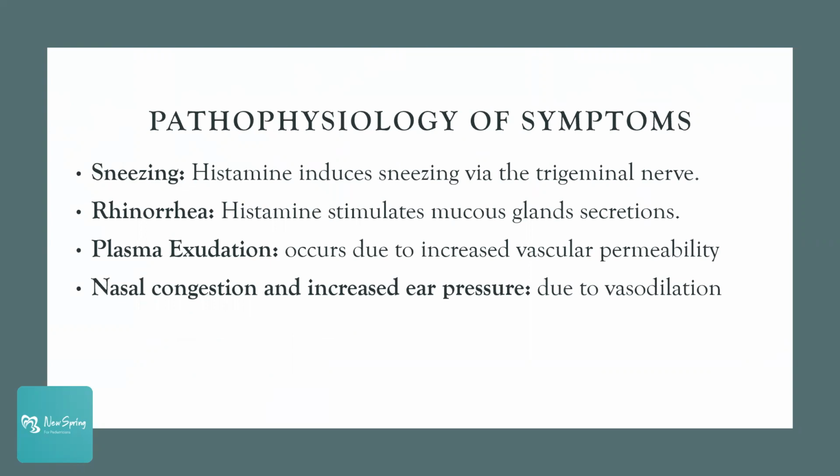Histamine induces sneezing through stimulation of the trigeminal nerve, while for rhinorrhea, histamine stimulates mucus gland secretions, and plasma exudation occurs due to increased vascular permeability of the nasal mucosa. Nasal congestion and increased ear pressure are mainly due to vasodilation. So it's important to understand why these symptoms occur and to treat the pathophysiology rather than only managing the symptom.